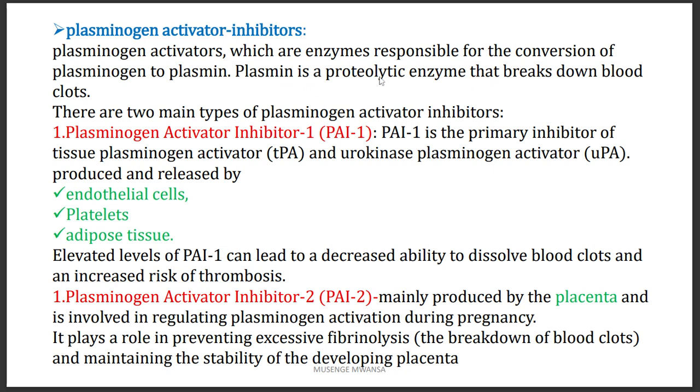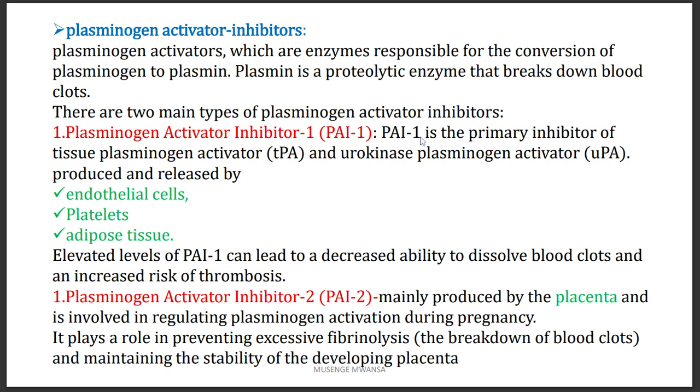Plasmin, we know, is the one which breaks down the clot that we form. So if we don't want that clot to be broken down, then we need the plasminogen activator inhibitors. And basically there are two. We have got the plasminogen activator inhibitor 1 and then the plasminogen activator inhibitor 2.